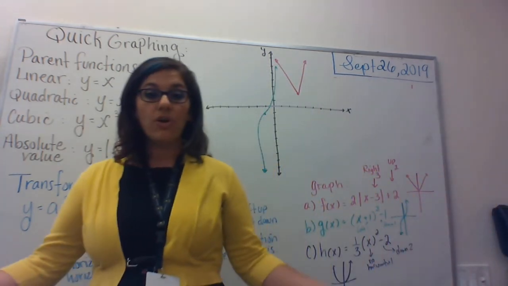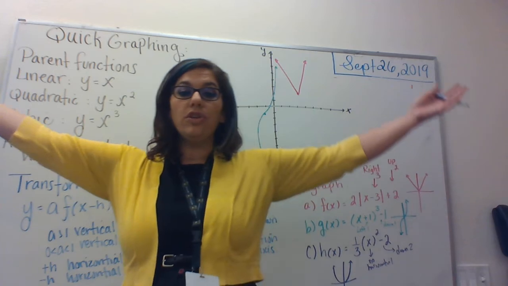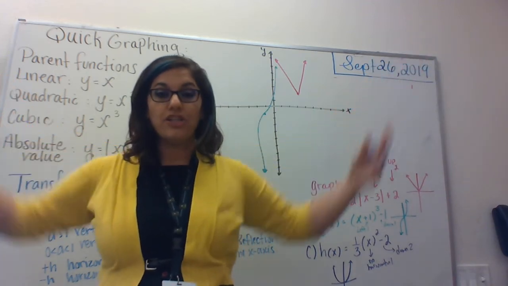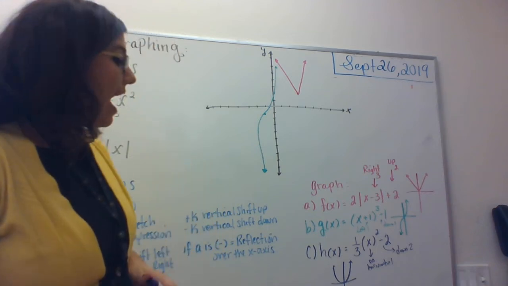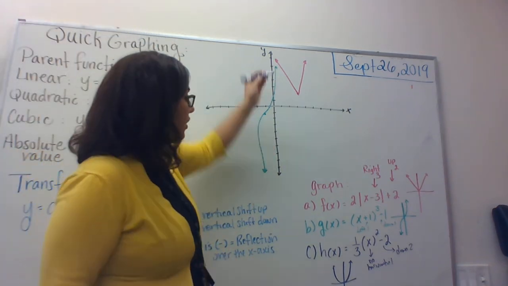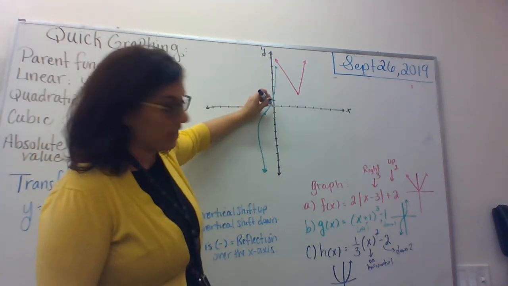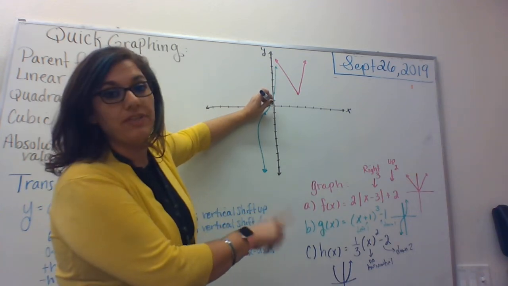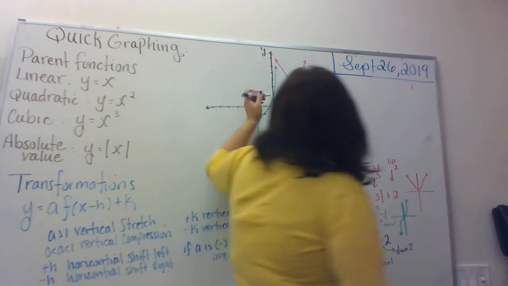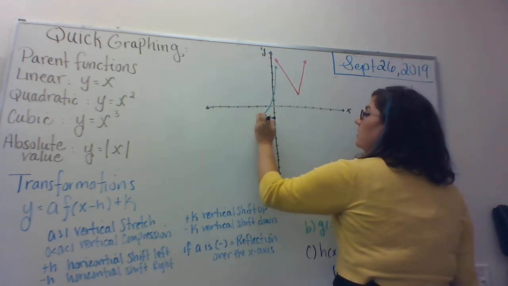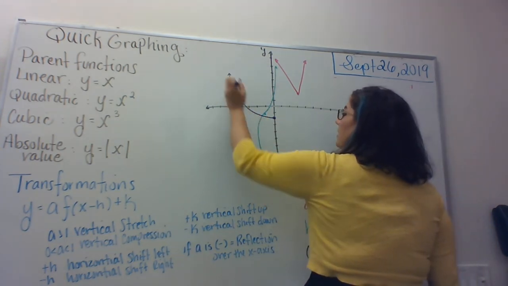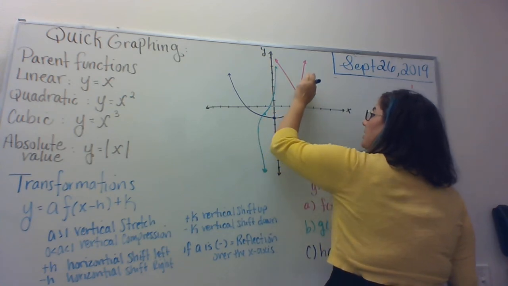Now the 1/3 caused it to get really fat, okay? So I'm going to draw a nice fat parabola. That's what I'm going to do after I move its vertex, who was at the origin, but now got moved down 2 units. So I'm going to move it down 2 units, and then I'm going to slow him down. Nice and fat.